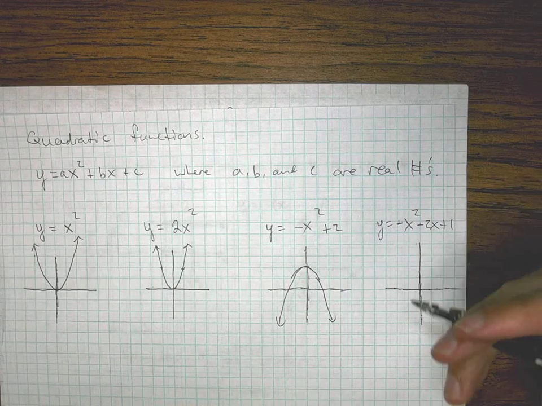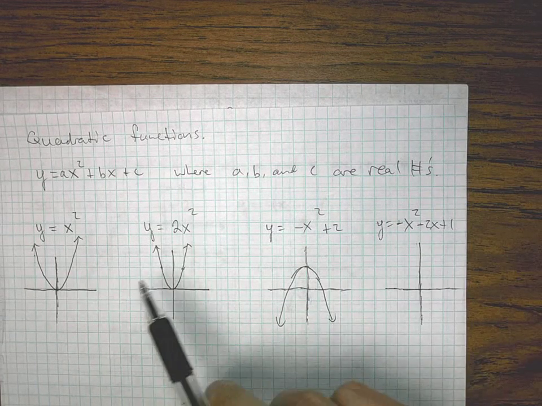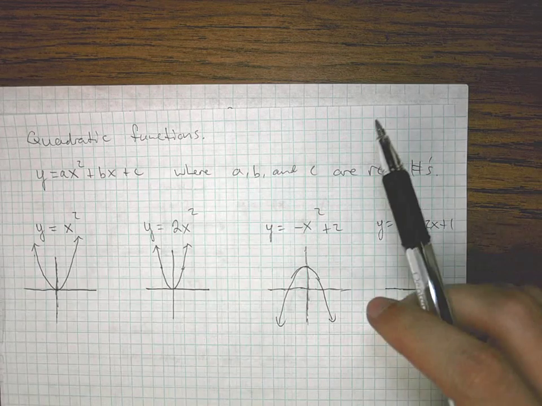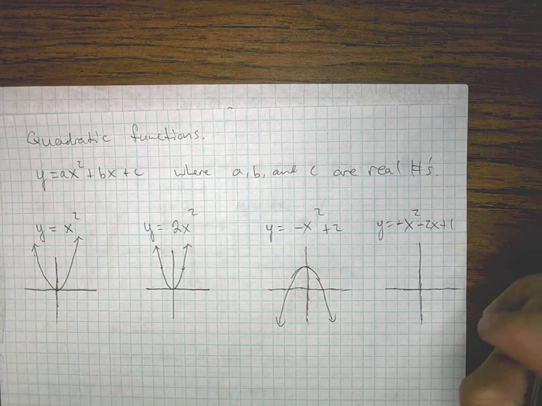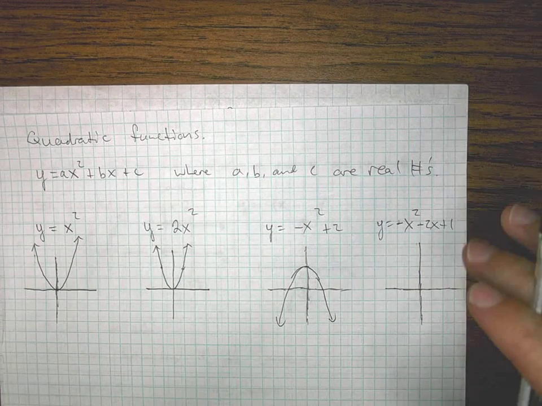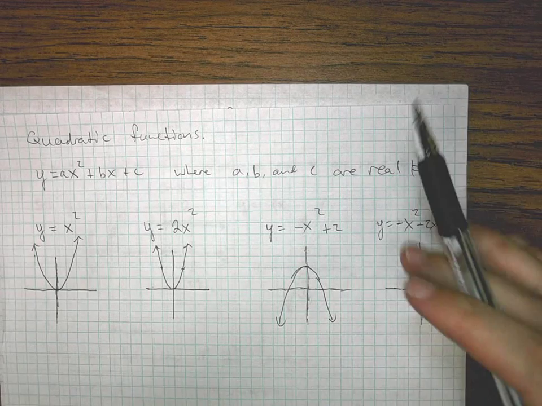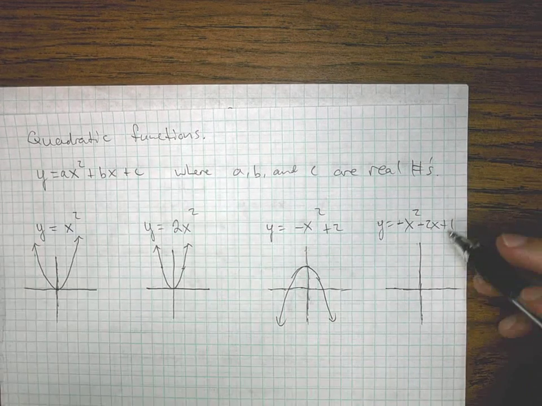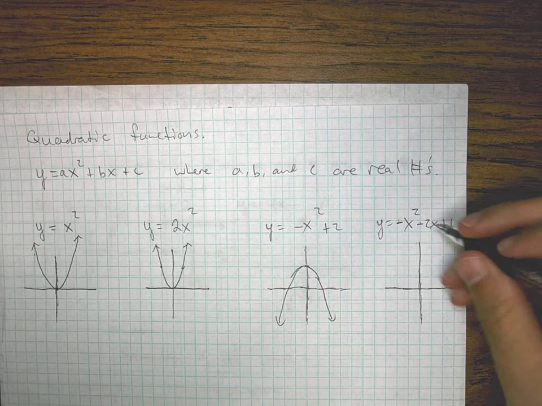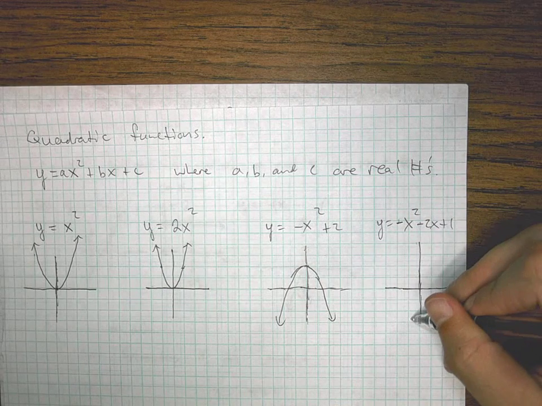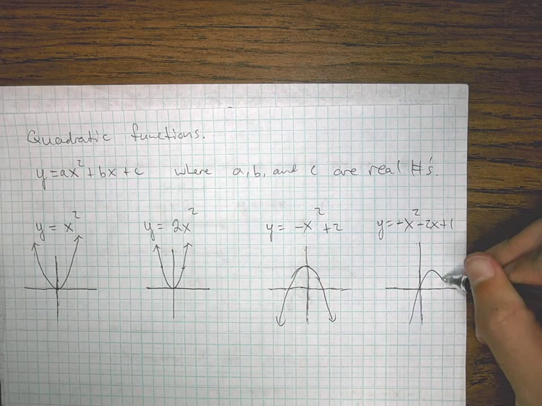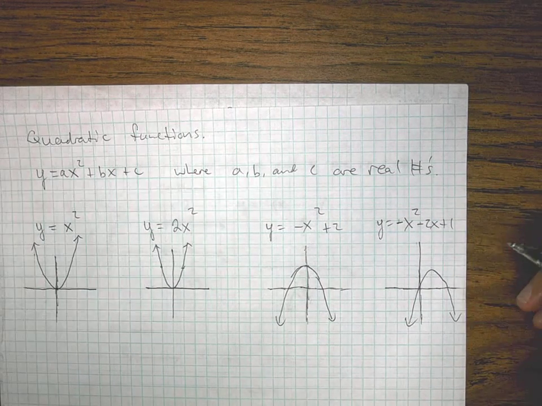So I bet you're wondering how I got these graphs, how I'm able to know what they look like. The specifics right now aren't important. We're going to get to that a little bit later. I just want you guys to be able to figure out what the graph looks like and how you can tell certain characteristics about it. Okay.